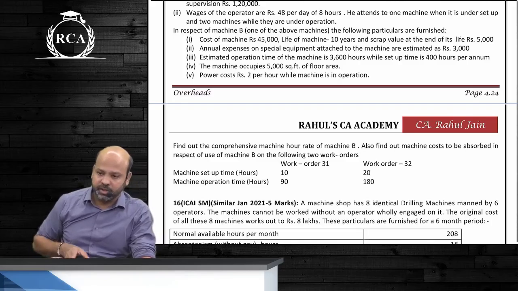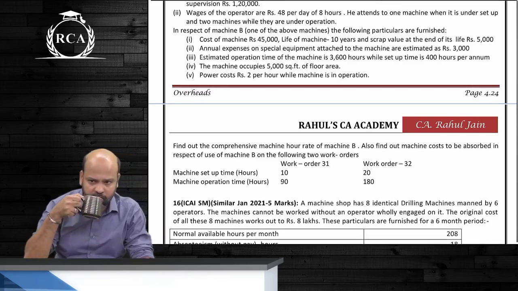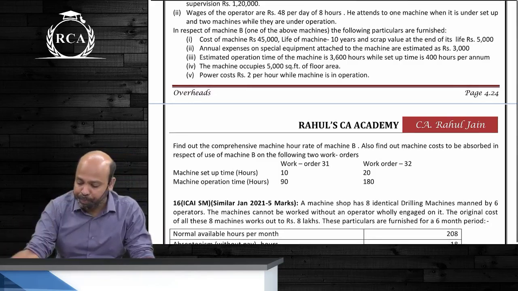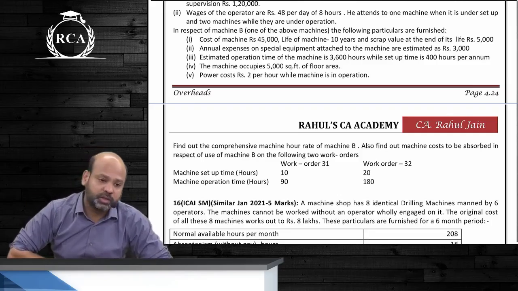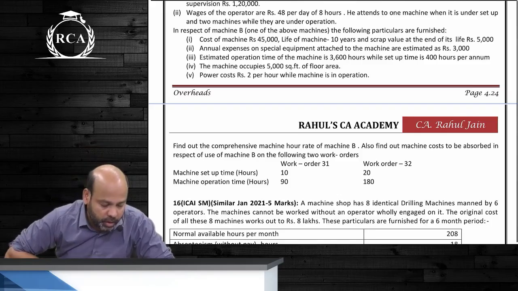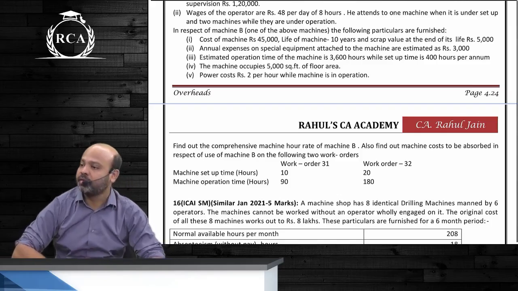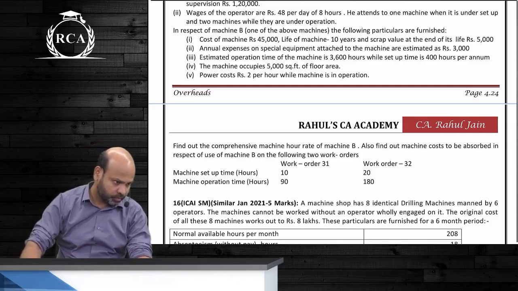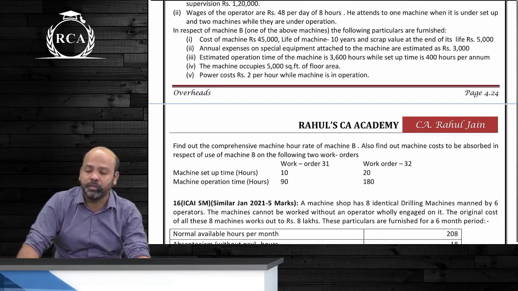Operator wages and power cost differ for setup and operation time.